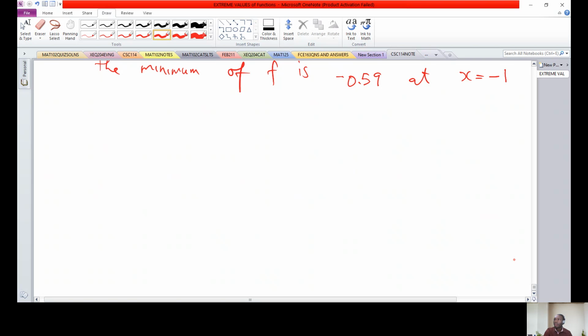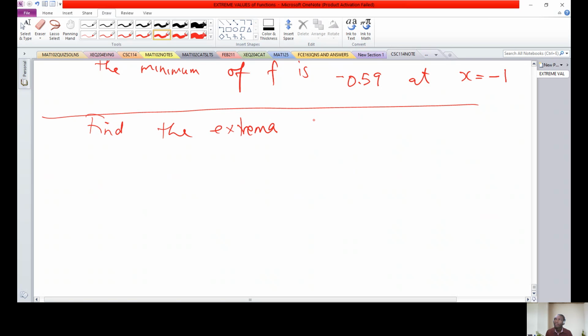Lastly, another example. Find the extrema of f of x given by 2 sine x minus cos 2x on the interval 0 to 2 pi.